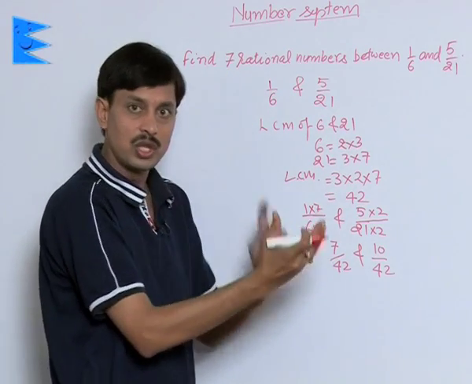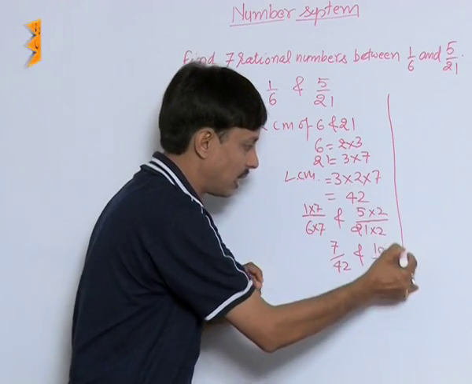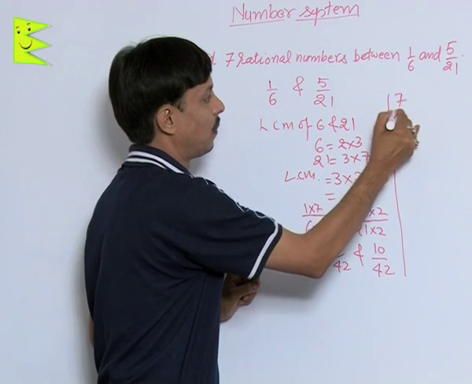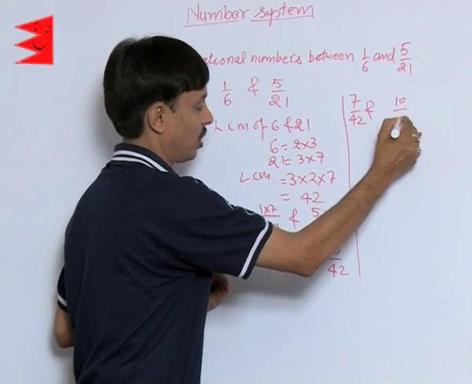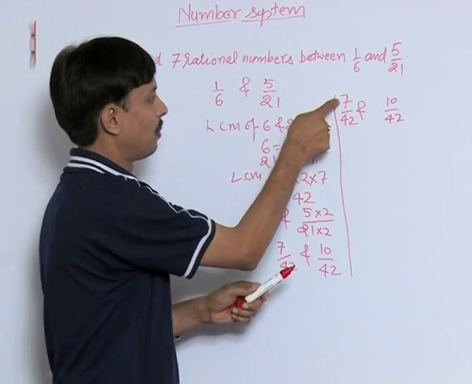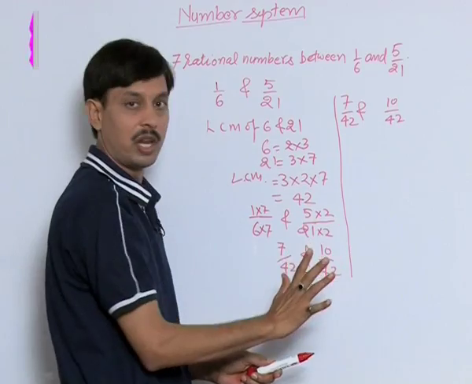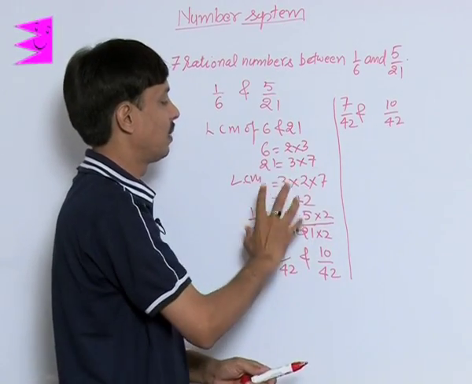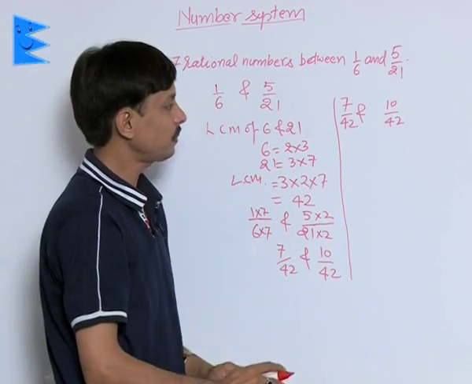I want to find how to insert the 7 rational numbers. Now what is the method to find them? We have 7 by 42 and 10 by 42. The simplest form of 7 by 42 is 1 by 6. The simplest form of 10 by 42 is 5 by 21. But with this special trick, by finding the LCM, we have made their denominators the same.